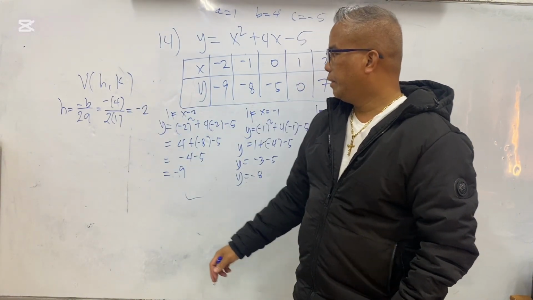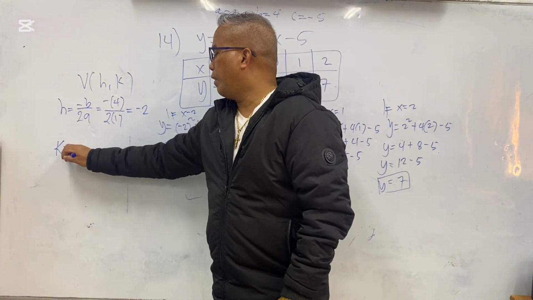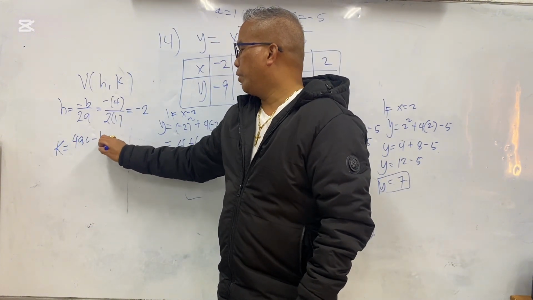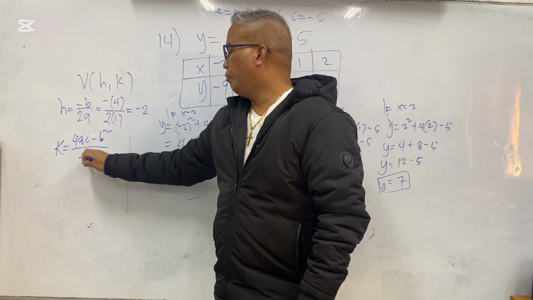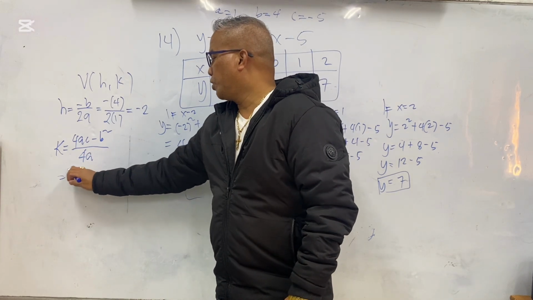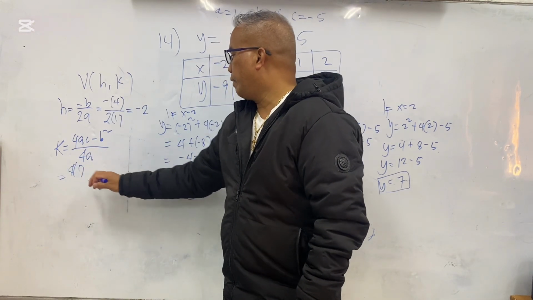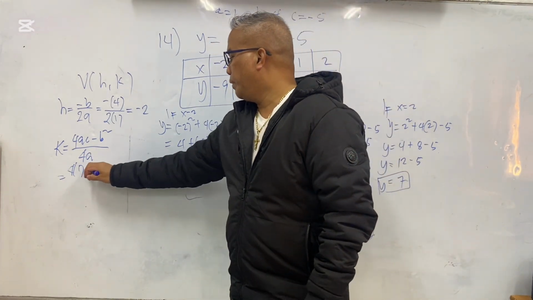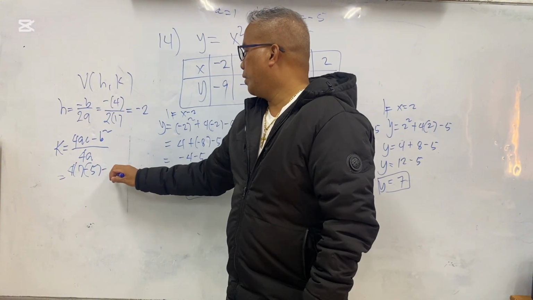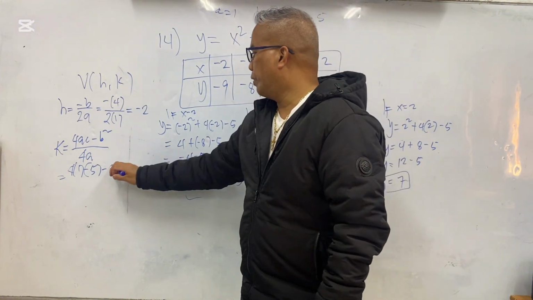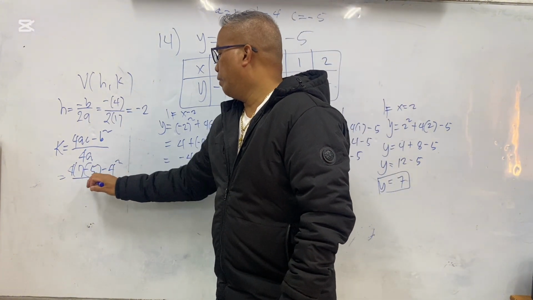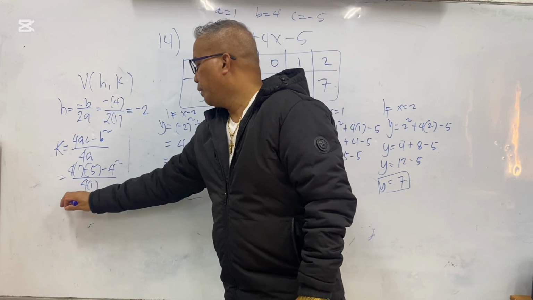And then to find the value of k, k equals 4ac minus b squared over 4a. Then equals 4 times 1 times negative 5, which is negative 20, then minus 4 squared, which is 16, all over 4 times 1.